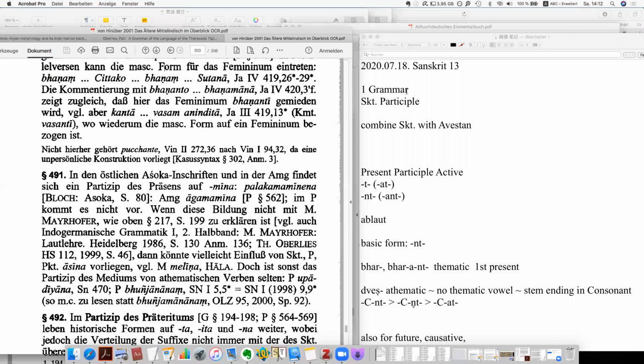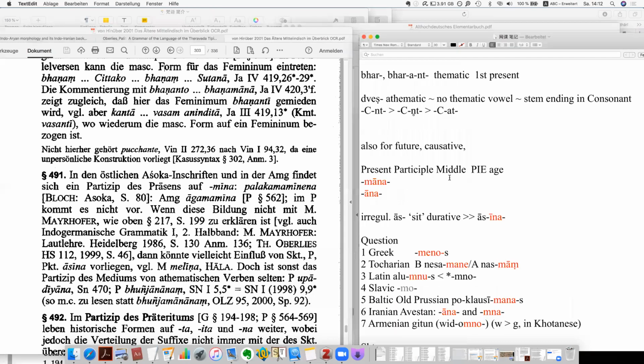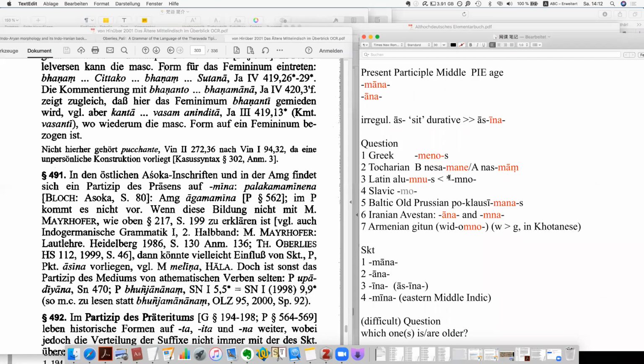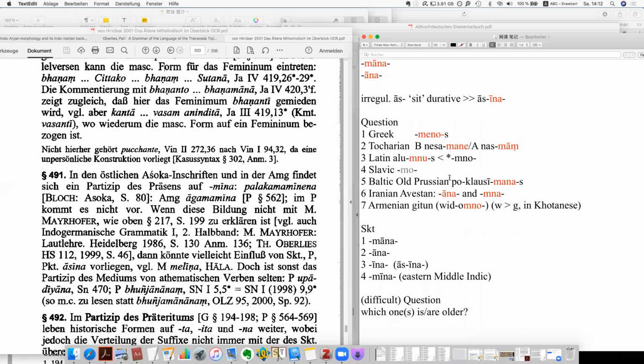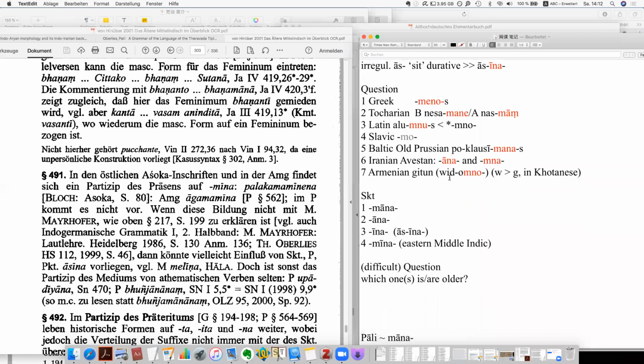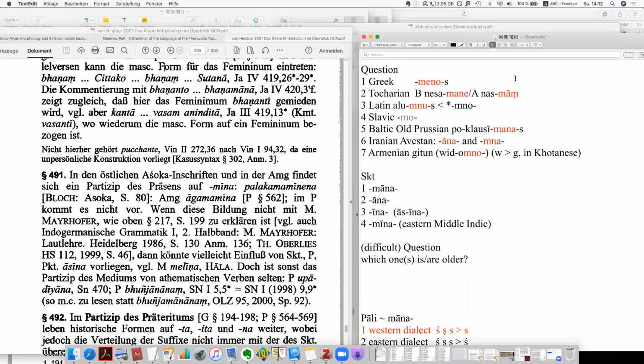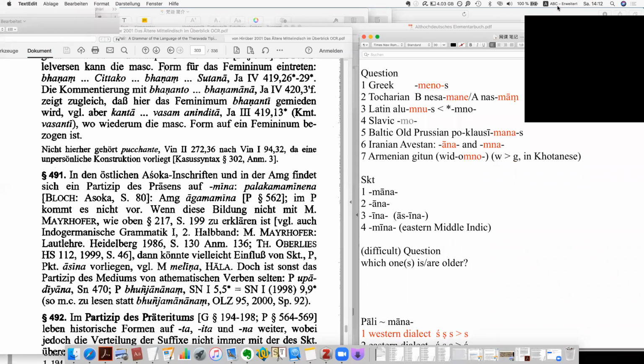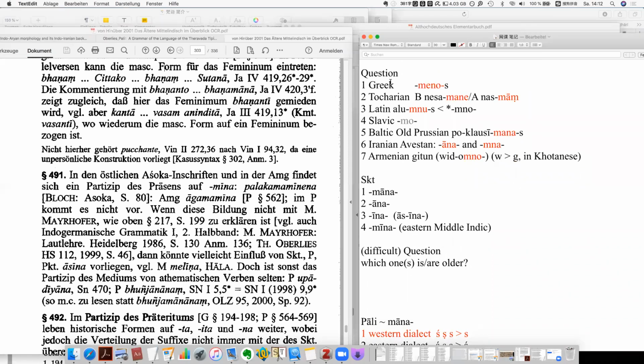Okay, so I have talked about, as you have already seen, that we have checked the middle participle in the other Indo-European languages, like in Greek, Tocharian, Latin, Baltic, and Avestan, and also Armenian.